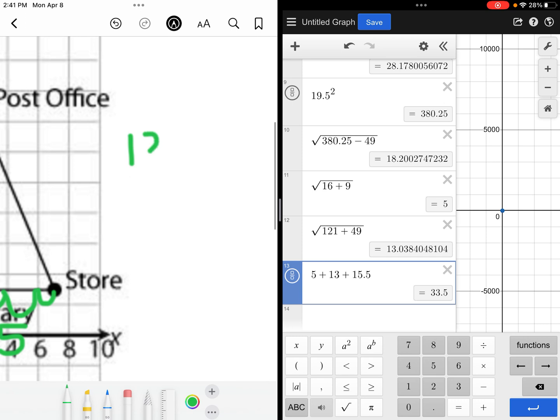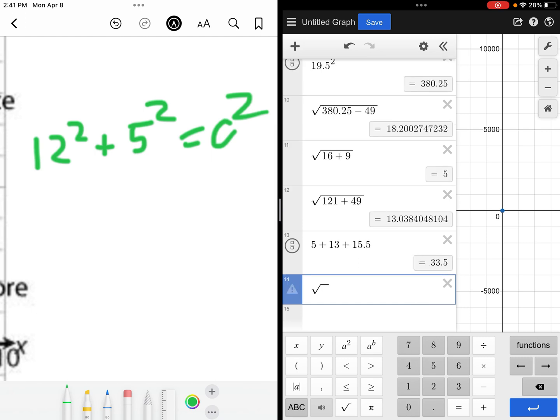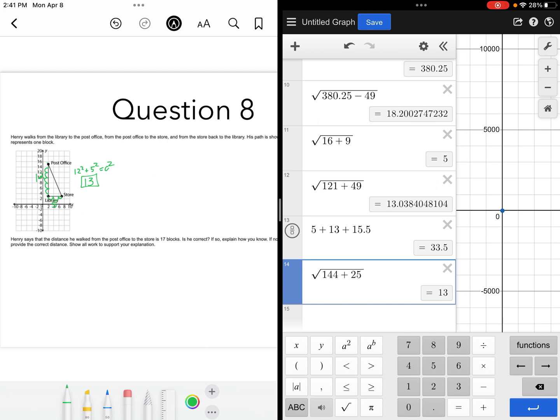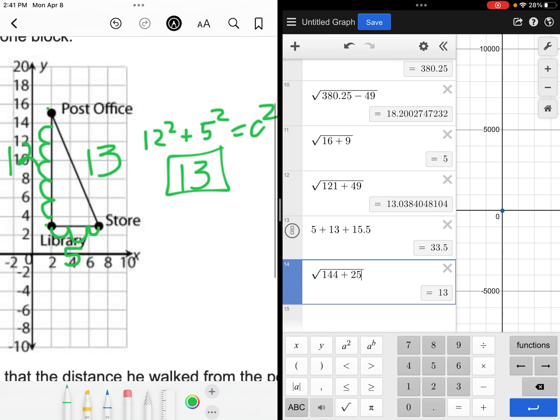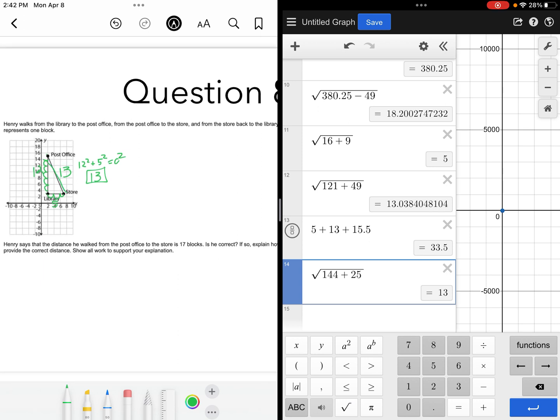So we've got 12 squared plus 5 squared equals c squared. We get 13. So this is 13, right? So then it says, Henry says the distance he walked from the post office to the store is 17 blocks. Is he correct? No, it's 13.